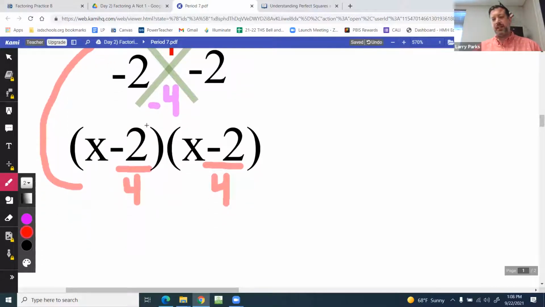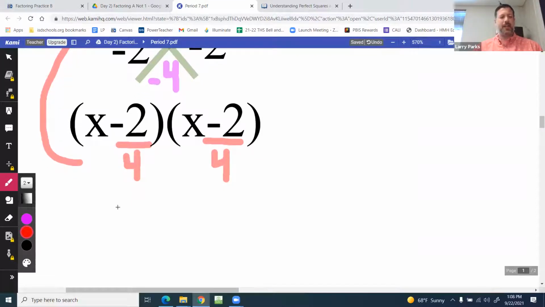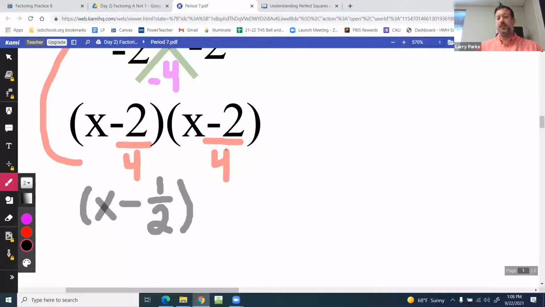Now you might be thinking, okay, this is getting kind of strange. At this point, if this reduces, you reduce it. So 2 over 4 reduces to 1/2. So I'm going to rewrite this as x minus 1/2. And they don't always reduce, so I don't want you to expect that they always reduce. You should know how to reduce fractions.